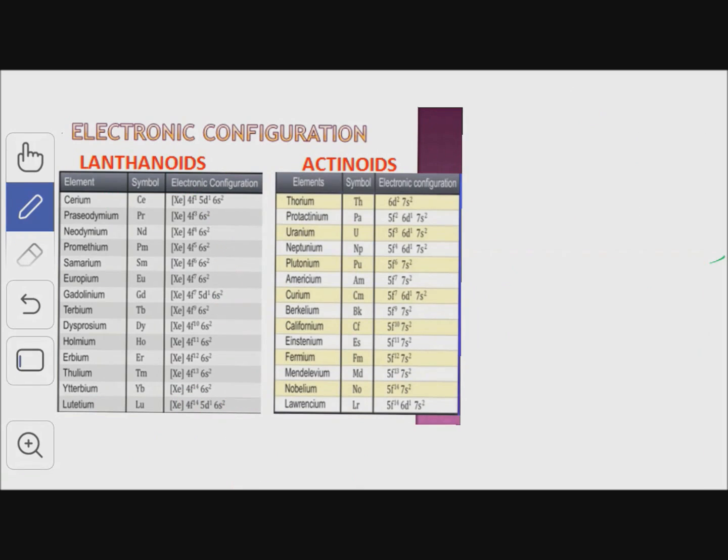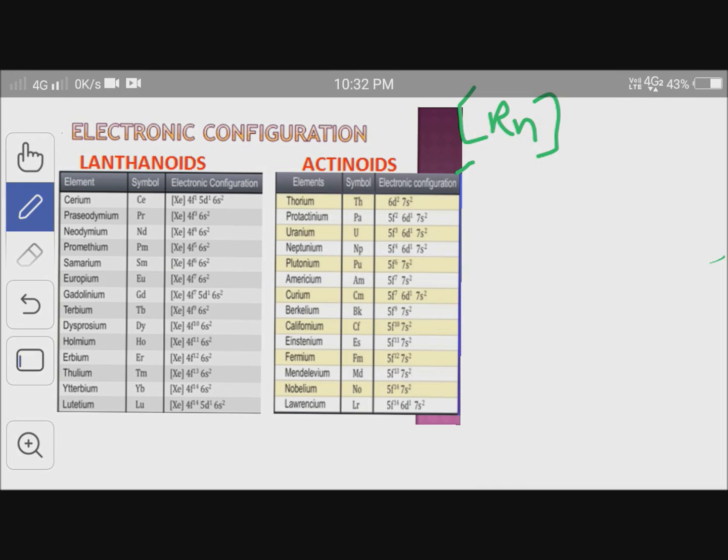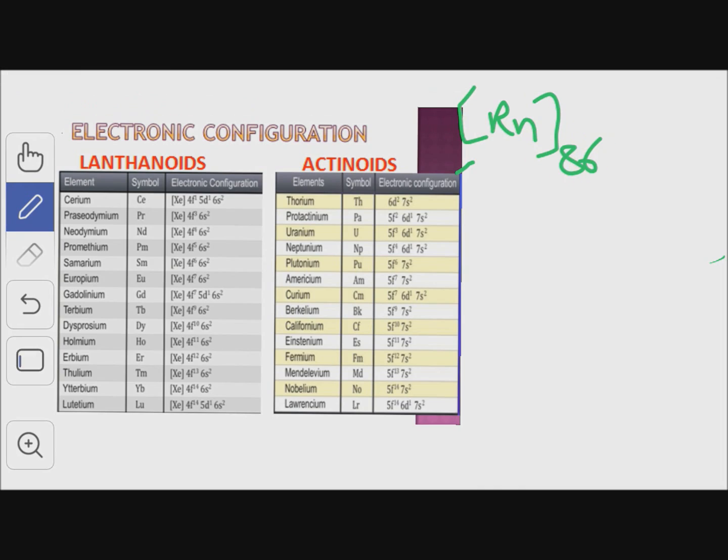The general electronic configuration of actinoids is radon 86, 5f 1 to 14, 6d 0 to 1, and 7s2, which is completely filled.